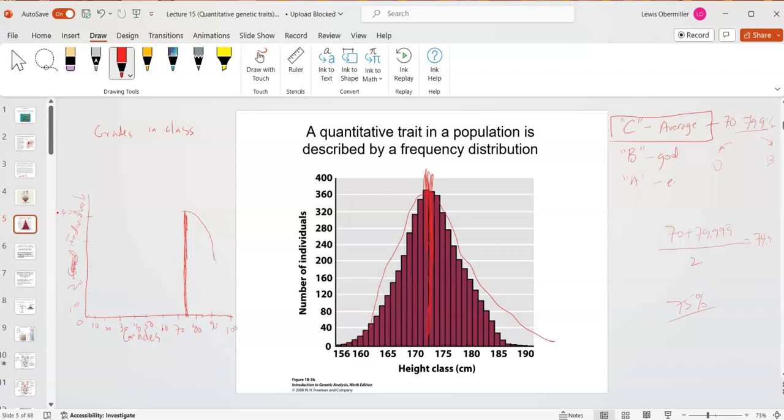Some students already had genetics, or they paid attention in 181, or they know what's going on, or they studied really hard, or they don't have anything else to do but genetics, and a couple people might hit that 100 mark. And then we're going to have the same thing on the other side. So it's going to be like this.